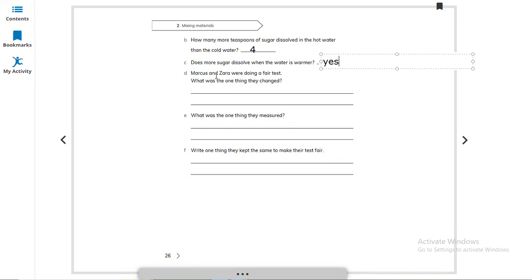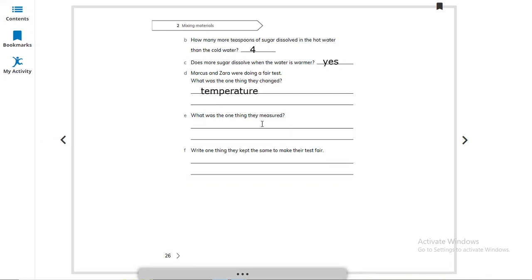Marcus and Zara were doing a fair test. What was one thing they changed? Just the temperature, the water temperature. So we write here temperature of the water. What was the one thing they measured?